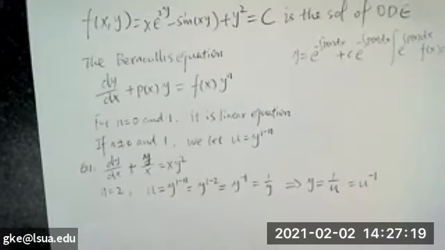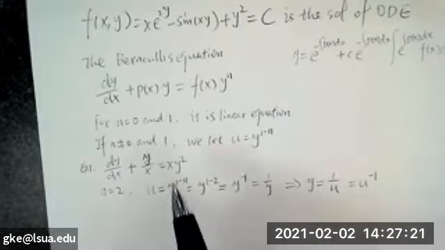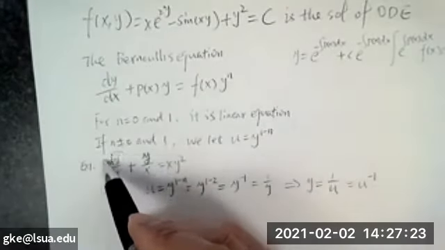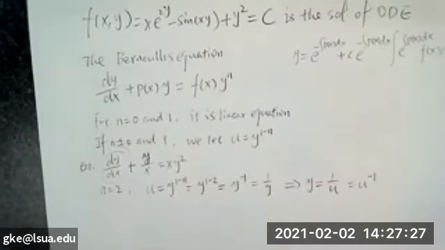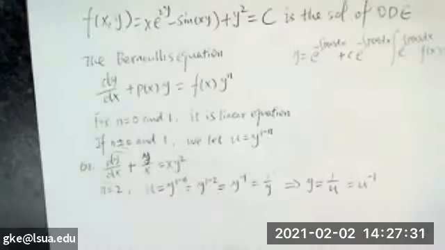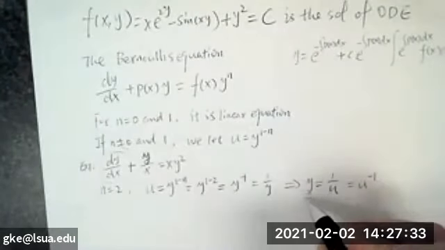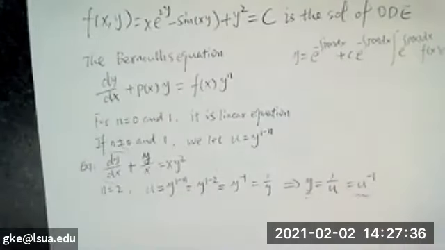So now, in this equation, we have dy over dx. That means here we let y equal a new u.